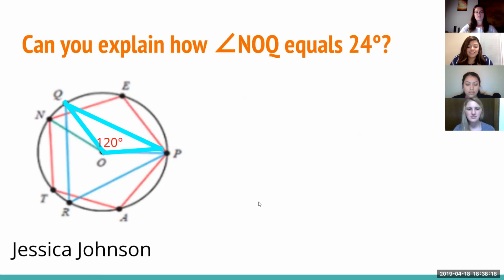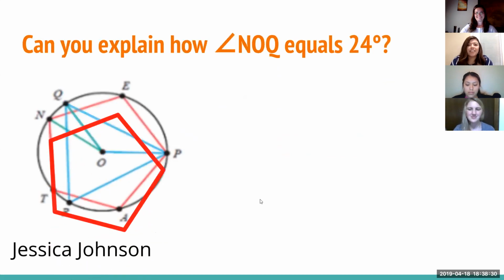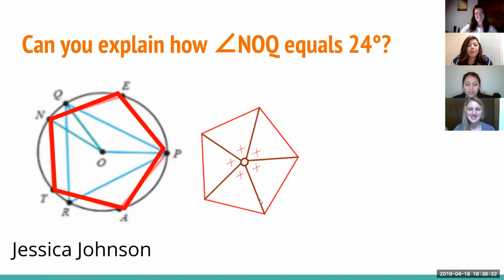Do you see the pentagon inscribed in the circle? Yes, I do. Let's pull the pentagon out and break it up, starting at the center of the pentagon. I think I know where this is going. The interior angles of the pentagon must equal 360 degrees. Yes, Jasmine, that is correct. 5x equals 360 degrees.